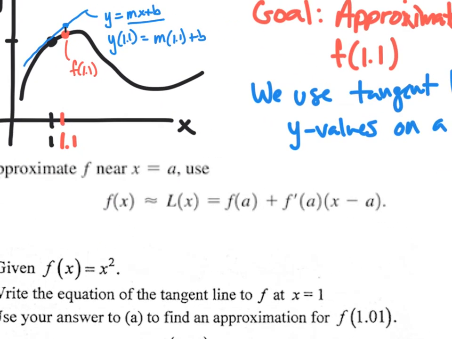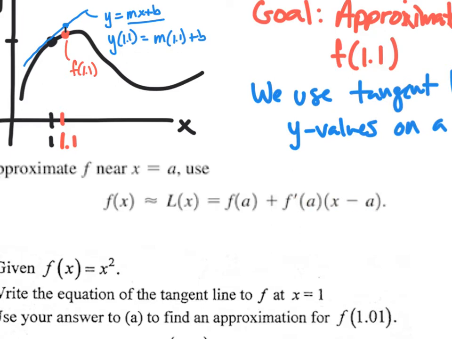So you have this notation here where a function evaluated at some x value is approximately equal to the linearization, where you take f of a plus f prime of a times x minus a.